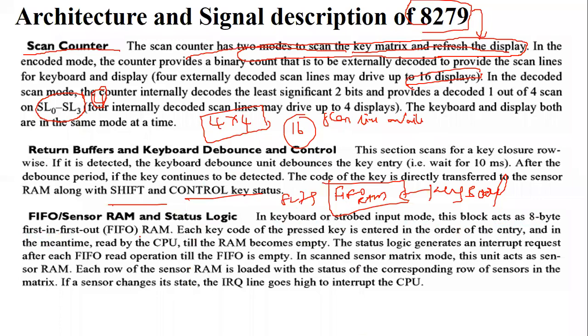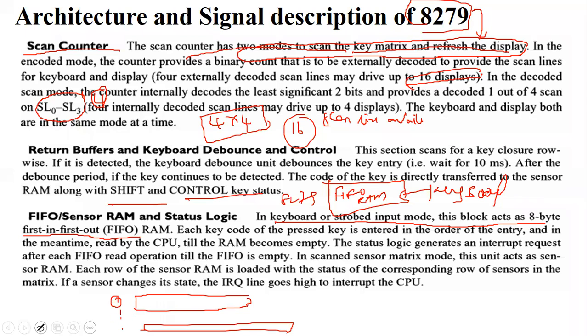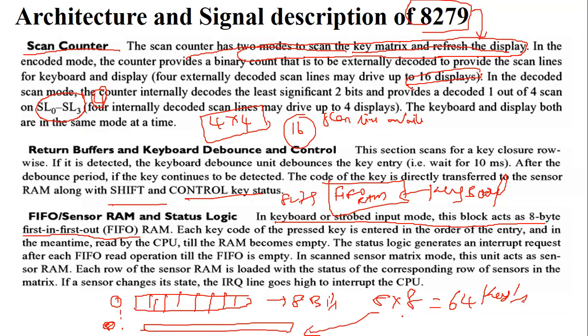First in, first out. It stores the first one, and so on up to the 8th one, each of 8 bits. So 8 by 8, nothing but 64 keys we are going to connect, nothing but 8 sensor RAMs of 8 bits.